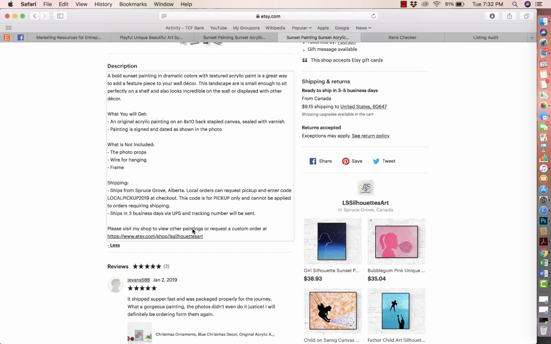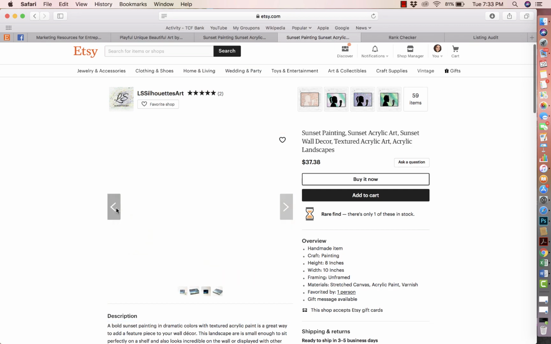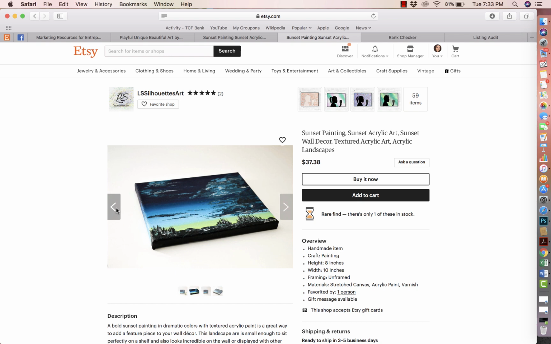Maybe they're reading other stuff in your store to get an idea of what type of seller you are, etc. So I highly recommend, one, redoing your photos and then also doing a call to action photo where you're telling the customer to take an action that you want them to do.